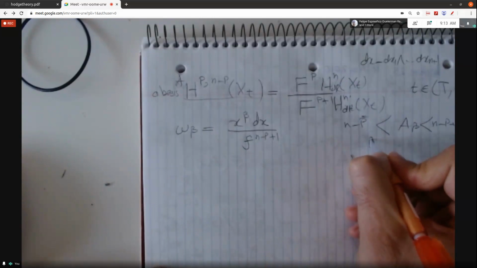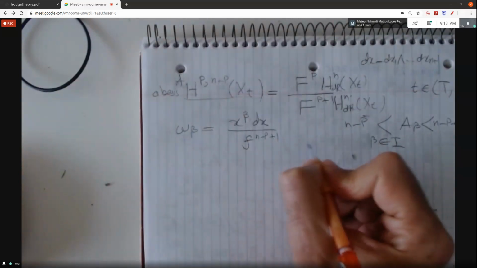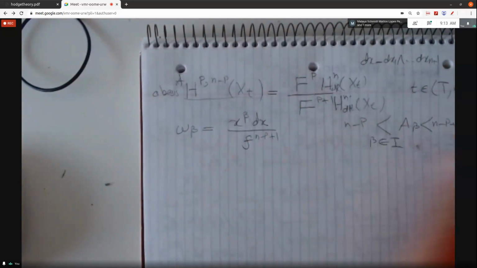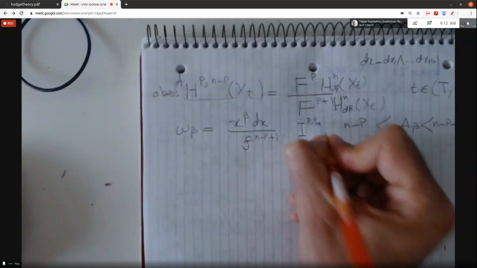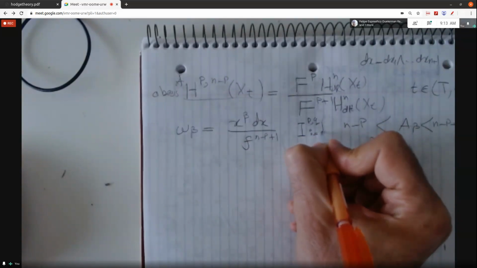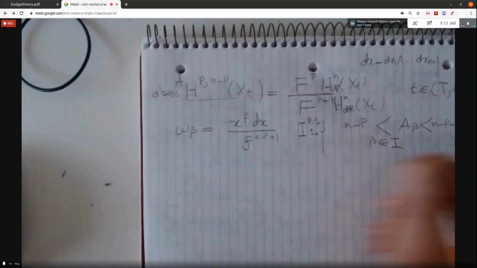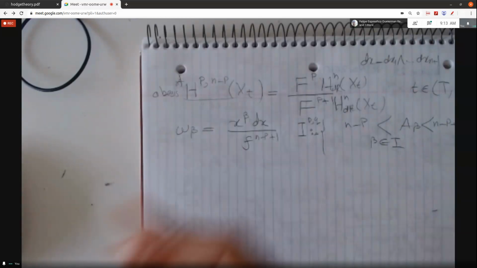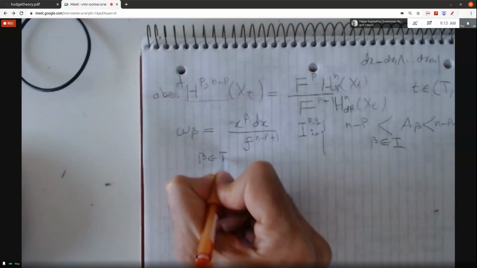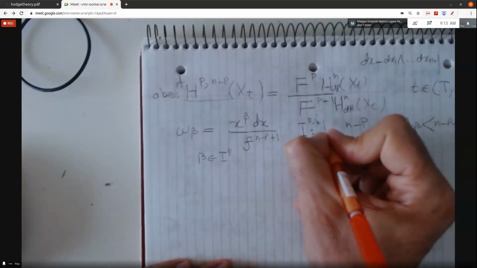And then beta will be in my I set. And for this reason, I define, let's say, this I_{p,q}. So this will be the set of all beta in I such that we have this one. So here, beta in I_{p,n-p}.